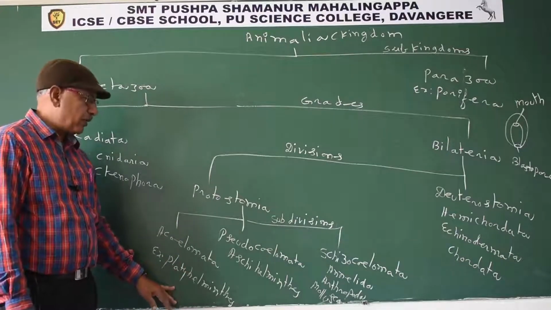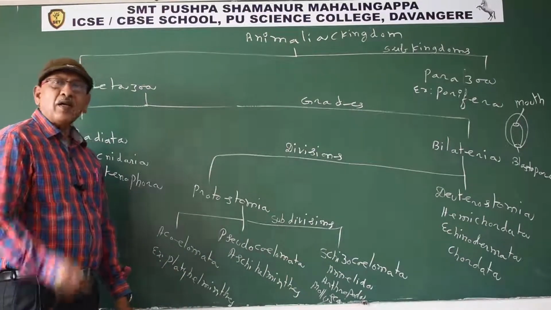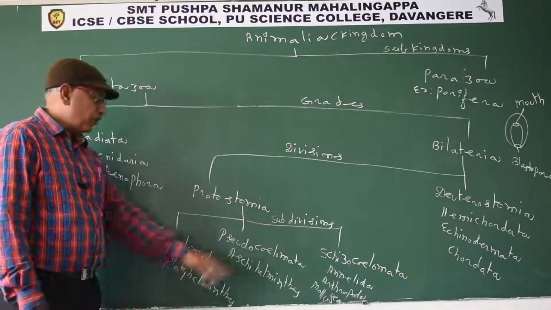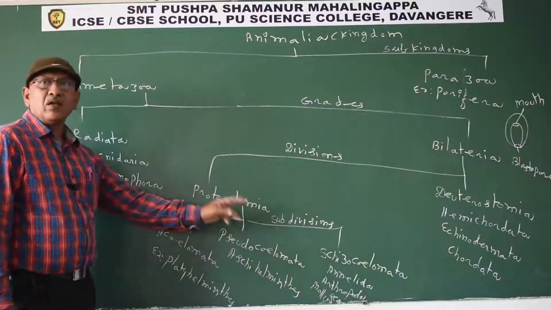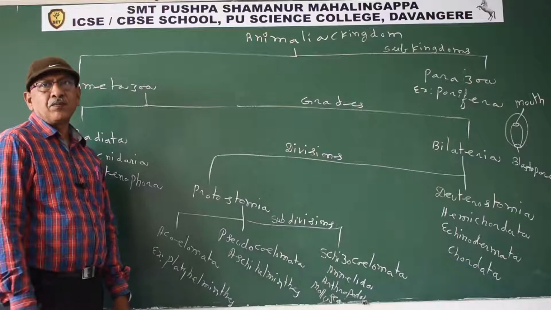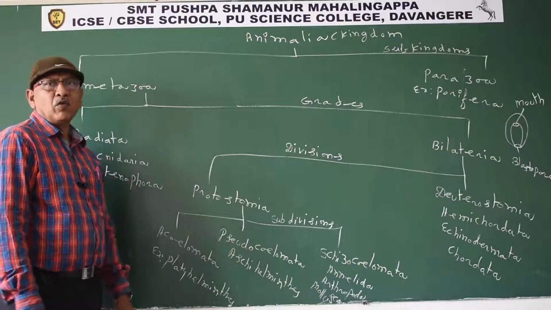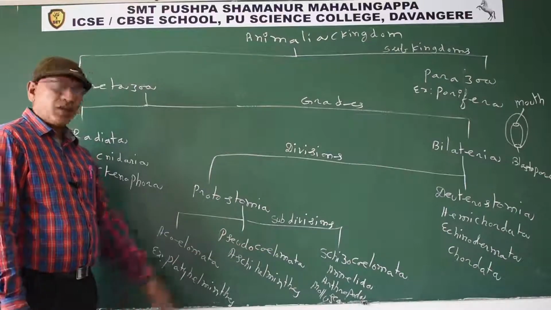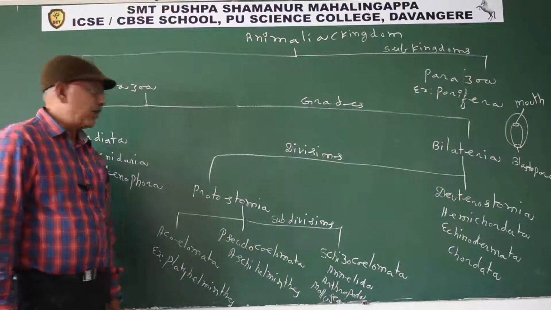Example, Platyhelminthes. Animals having a false coelom, pseudocoelom, are included in Pseudocoelomata. Example, Aschelminthes, commonly known as roundworms, and another phylum, Rotifera.